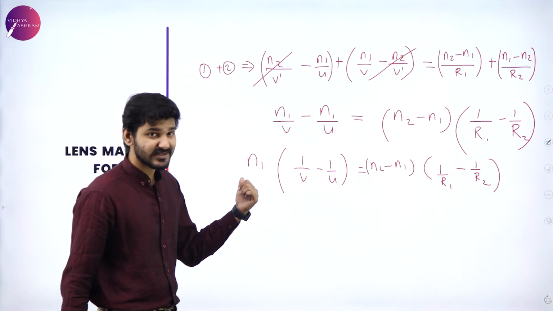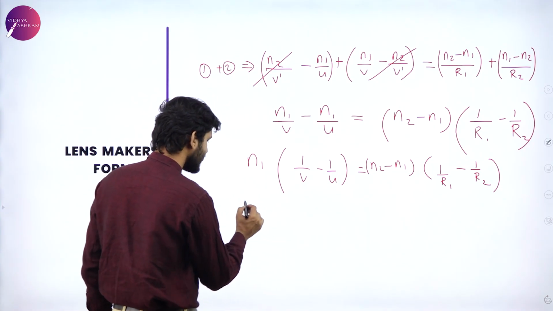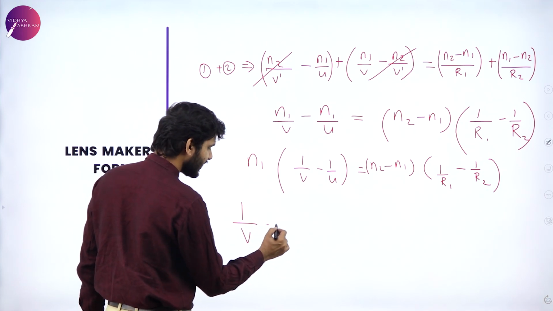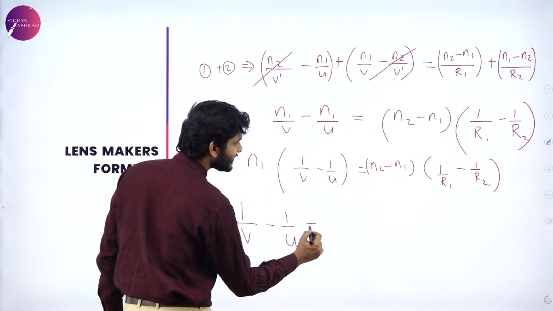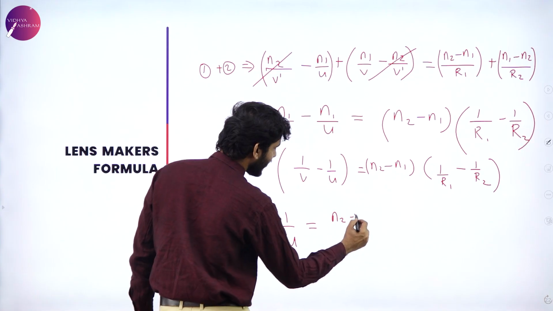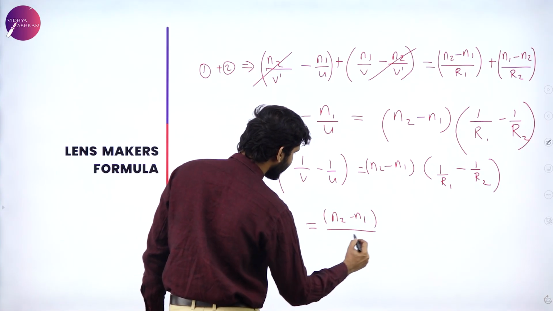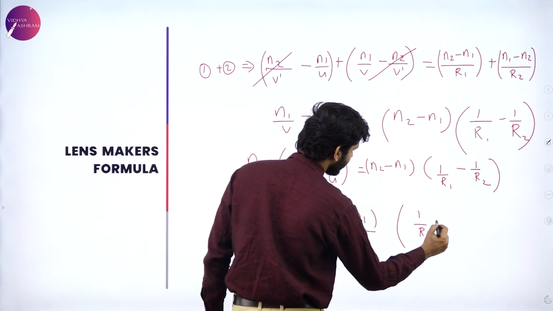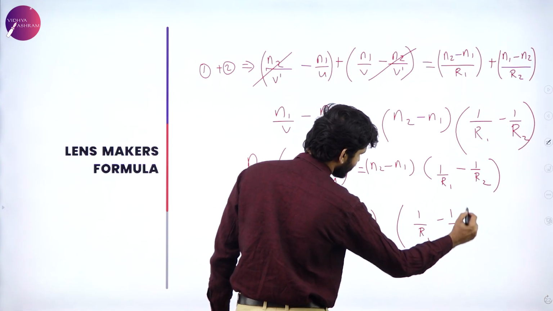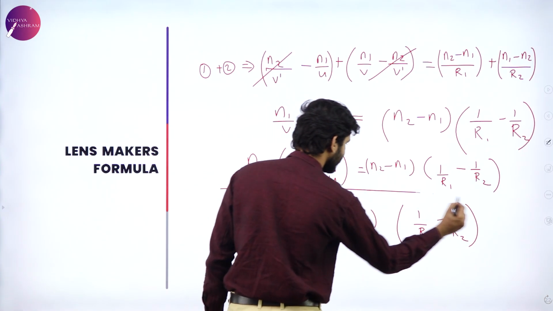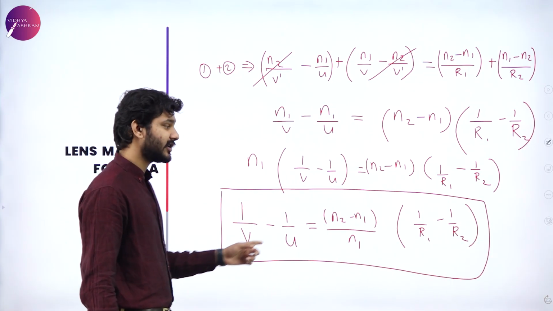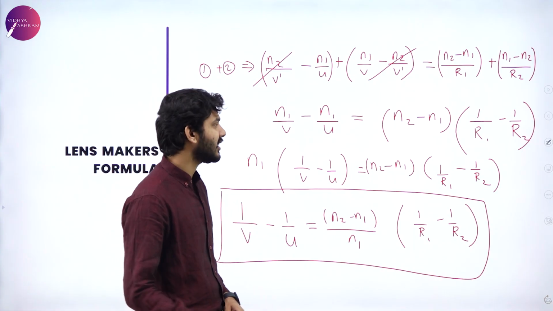If I shift this N1 to the other side, I have the lens maker's formula as 1 by V minus 1 by U is equal to N2 minus N1 divided by N1 into 1 by R1 minus 1 by R2. This equation is known as the lens maker's formula.